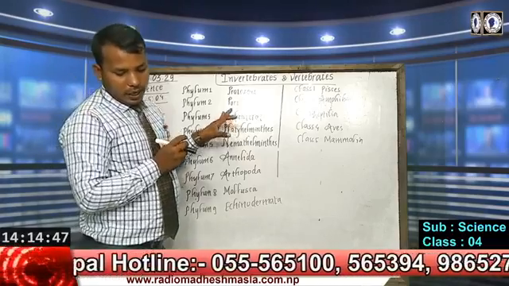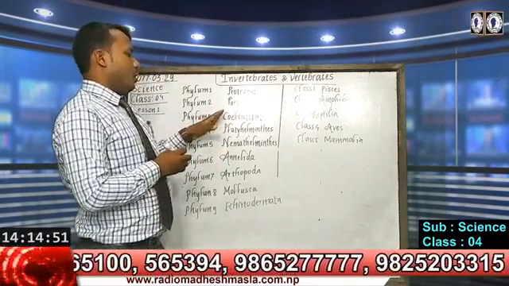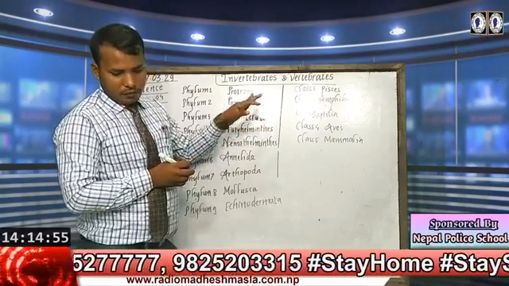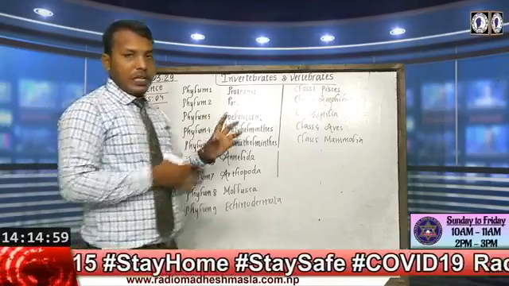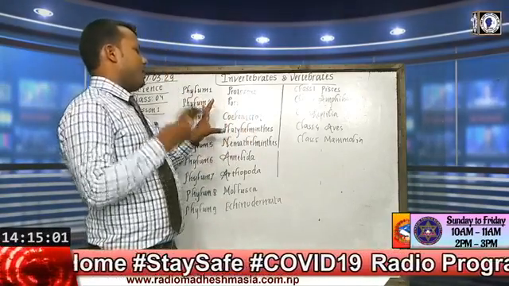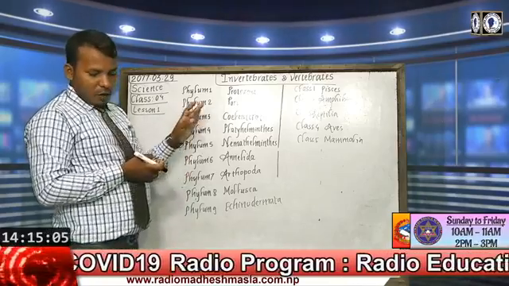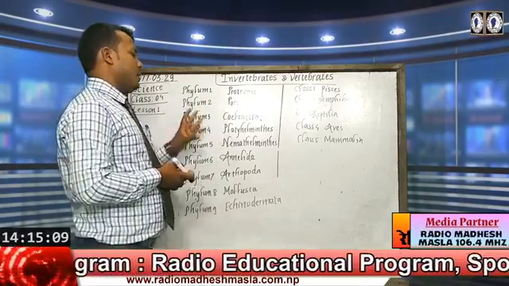The tentacles help them to move and catch their food. They have a simple body structure. Examples: Hydra, sea anemone and jellyfish. These are all examples of Coelenterata.